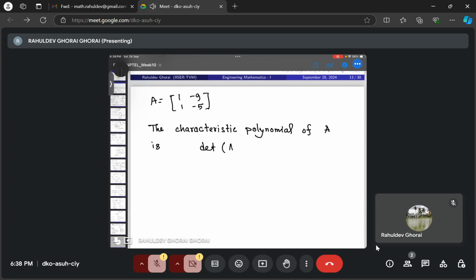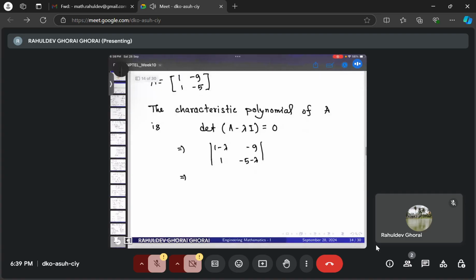Determinant of... so what is lambda minus... lambda minus 9, minus lambda 8.